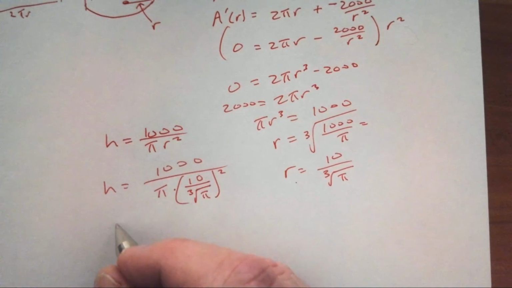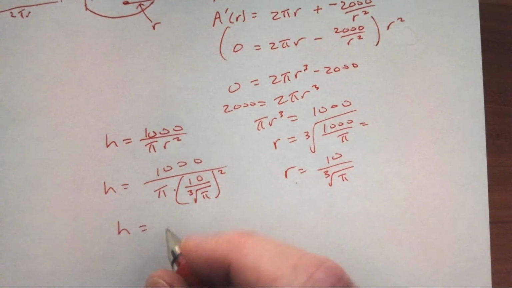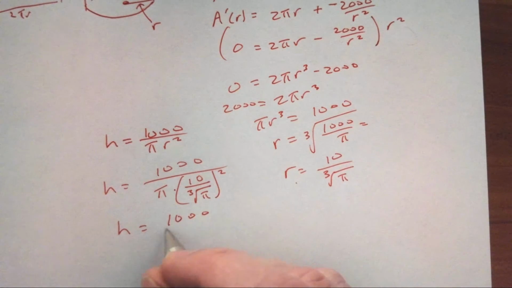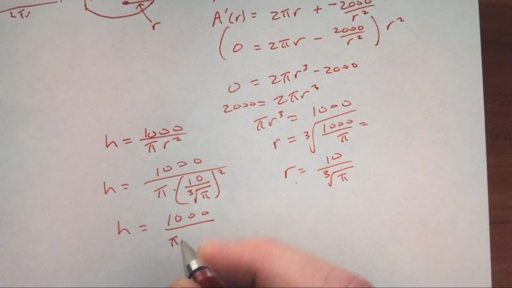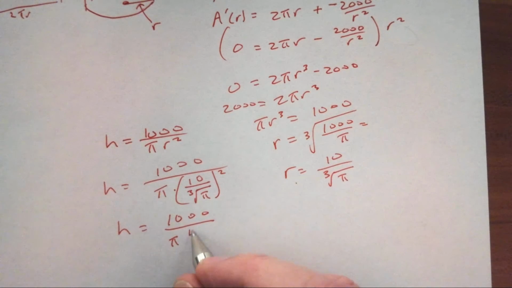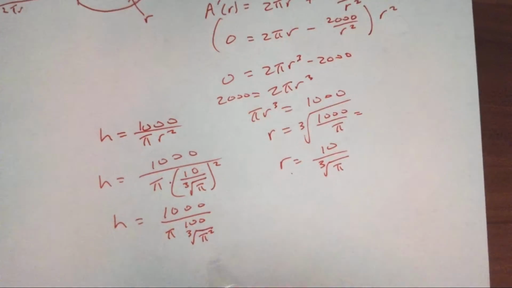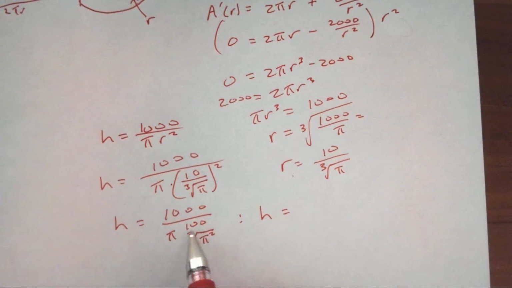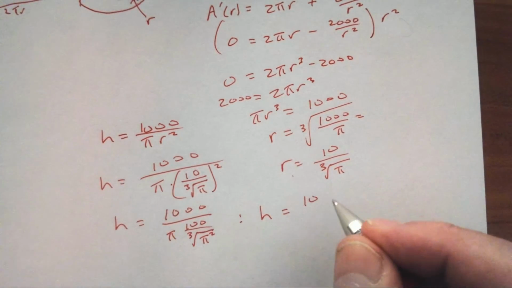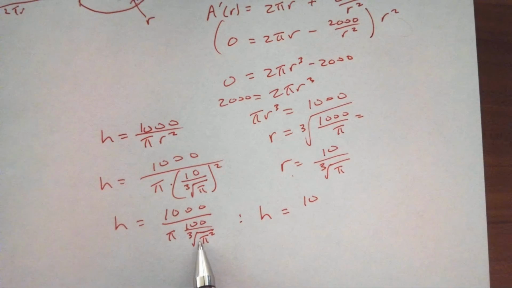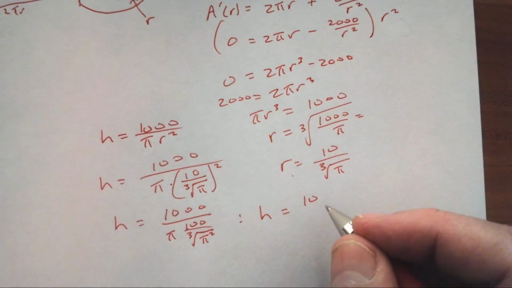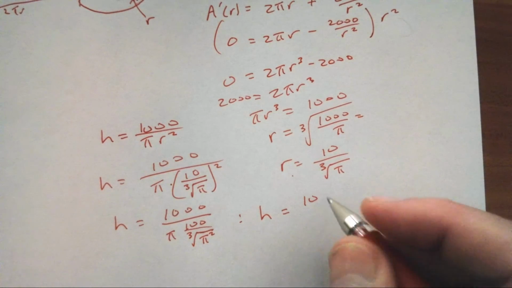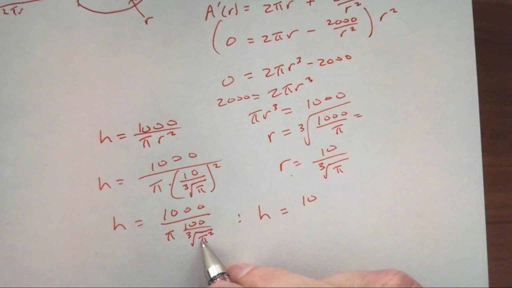So that gives us h equals 10,000 on pi times 100 on the third root of pi squared, or h equals 1,000 divided by 100, that would be 10. I'm going to move this guy to the numerator.